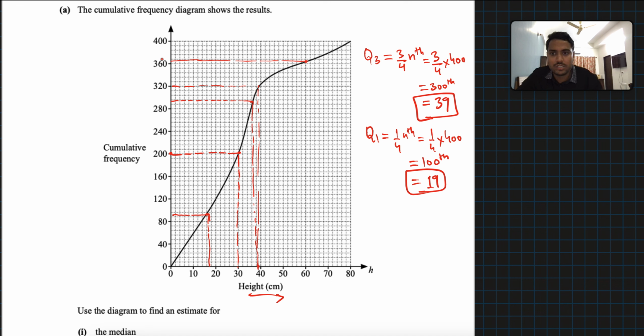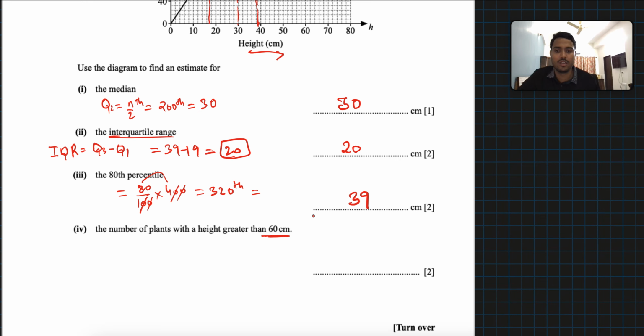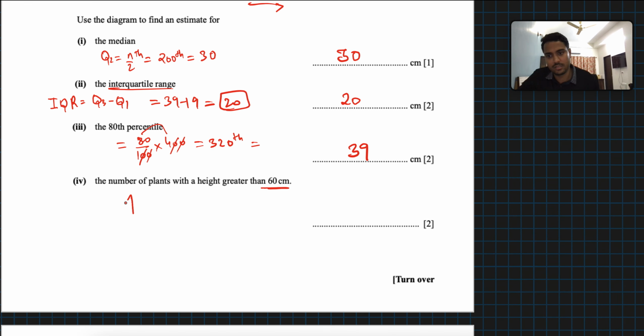So this can be like 365, let's say, because this is above 360 and this point can be like 370 or less than 370, so I'm just taking 365, and maximum is still 400. So 400 minus 365, that is, let's say 35. There must be a range for it, but 35 is within what we just observed from the graph.